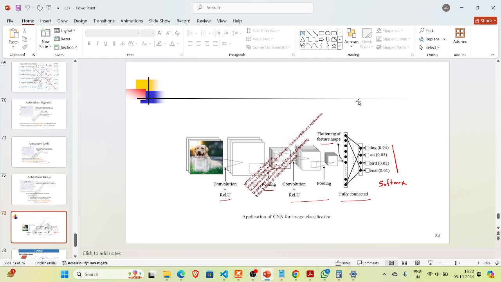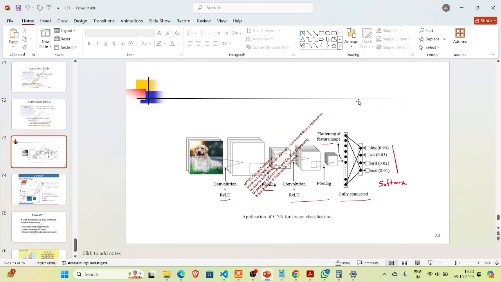In this classification problem, after the convolution pooling combination, we are using a fully connected layer to classify and get the softmax probabilities, which is the probability of it happening. The highest one gives the prediction.